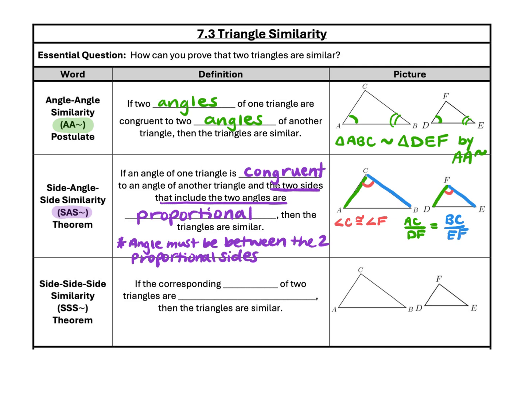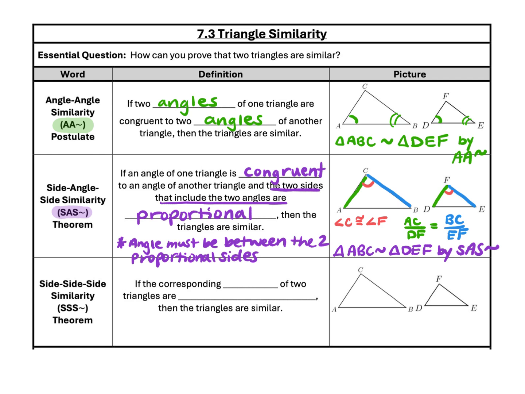So they're in that same ratio, they're proportional. And then we can write a similarity statement. It's the same statement as above because it's the same triangles. So triangle ABC similar to triangle DEF, but this time it's by SAS similarity.